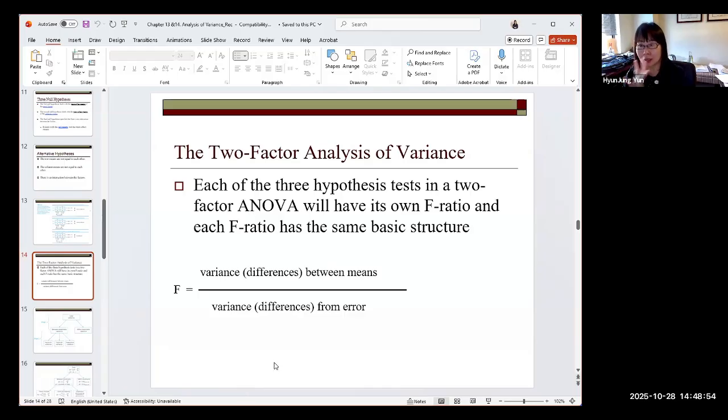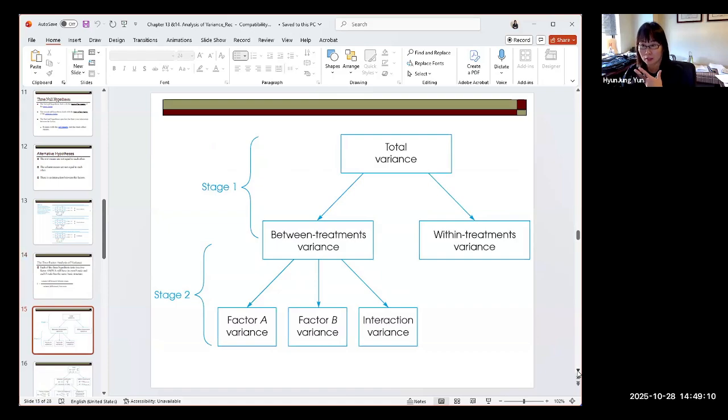And what about all the error and any changes or differences by chance? That should go to the denominator, as in most statistical foundations and structures they try to measure. Okay, since we have variable one, variable two, and then interaction, two-way ANOVA actually runs three different F tests.